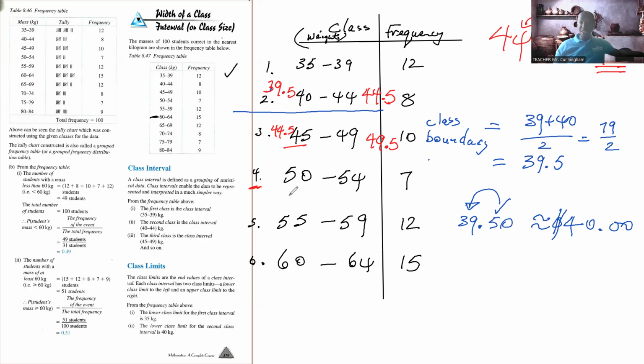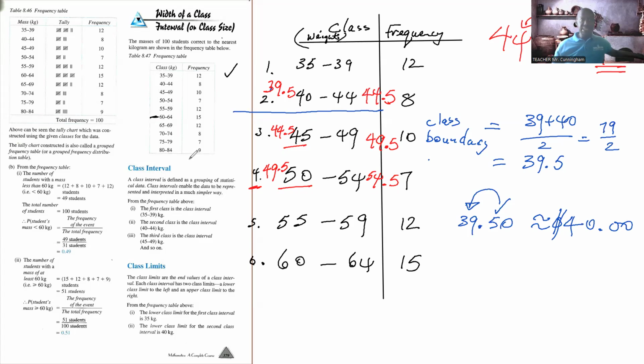For the 50, it will be 49 point what? 5. And the upper limit will be 54.5. These are the boundaries we work in.